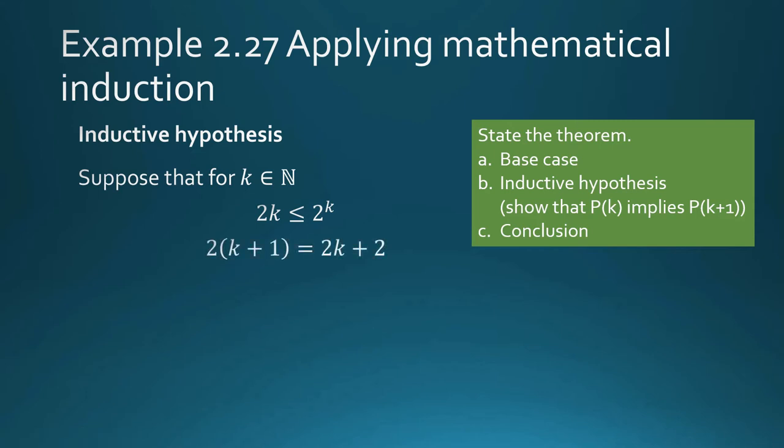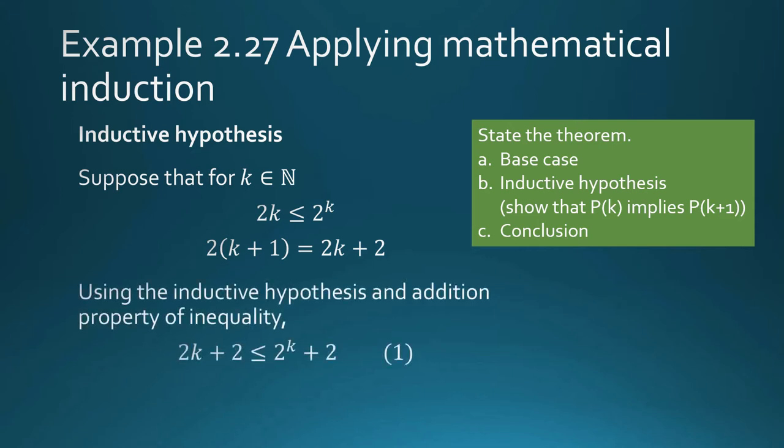2 times the quantity k plus 1 is equal to 2k plus 2. Look at this. 2k plus 2 is less than or equal to 2 raised to k plus 2. Now, why is this true? Well, look at this. 2k is less than or equal to 2 raised to k. We are supported by our inductive hypothesis. This is our hypothesis.